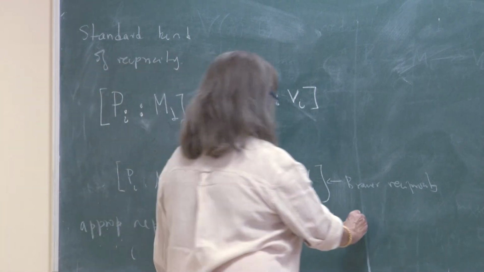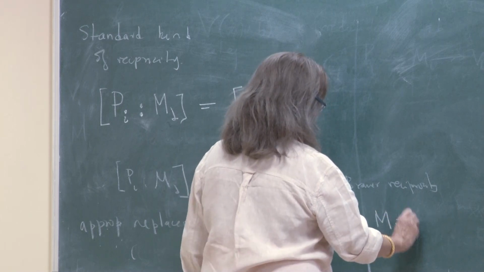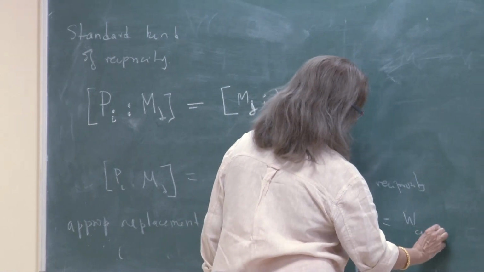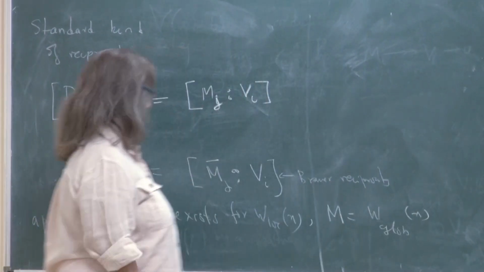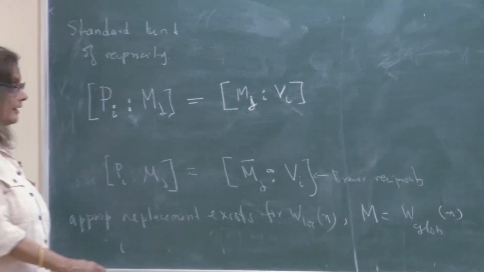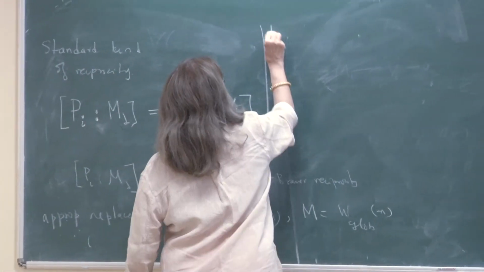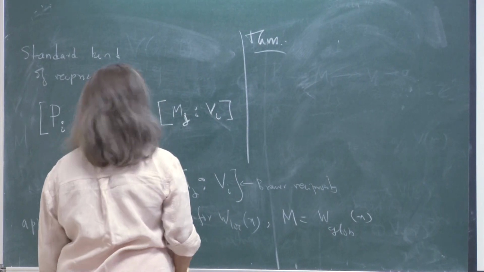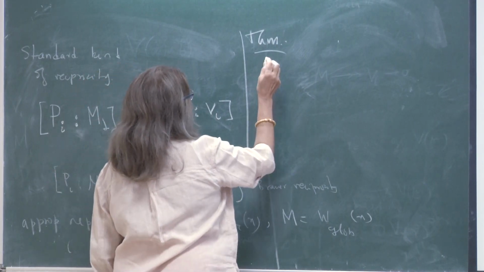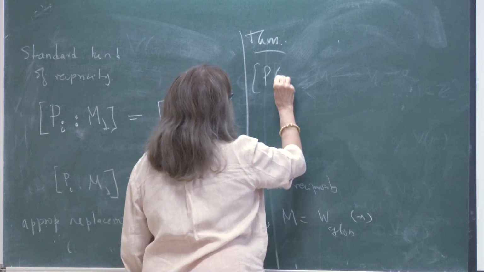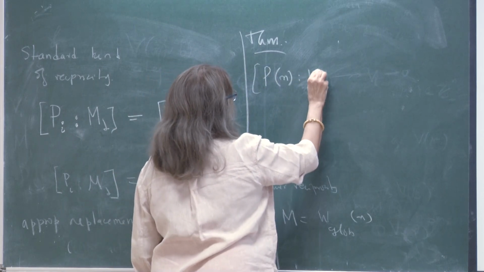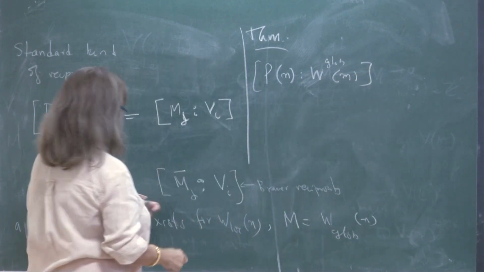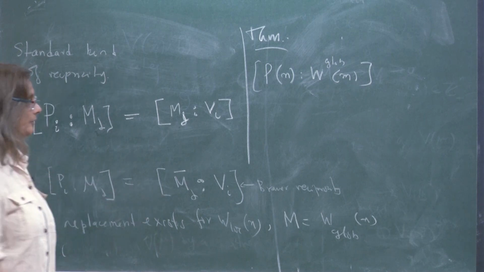So we take M to be this replacement, W global N. And then the theorem, which was proved in 2015 or so in joint work with Ion and previously with some students, is that P n, and then if I take W global M, I'm trying to imitate this BGG reciprocity.